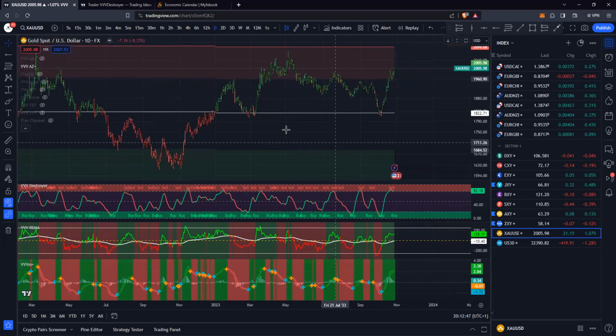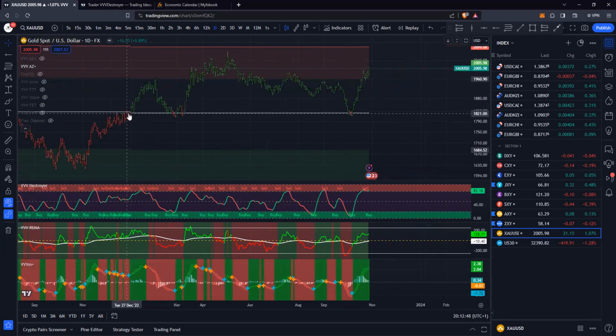But what you can see on a yearly basis is it goes up, comes back to the opening price and bounces from it, and once again it goes back to the opening price and bounces. So you can use this on higher time frames.